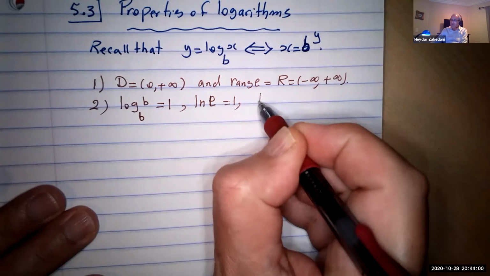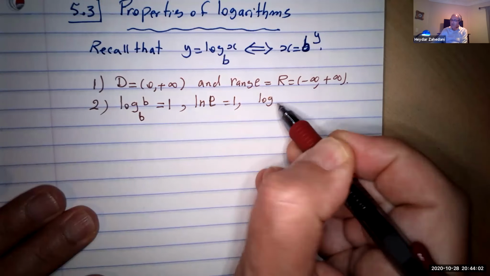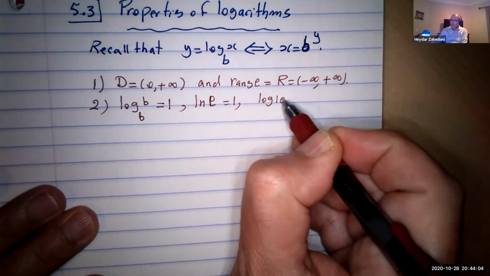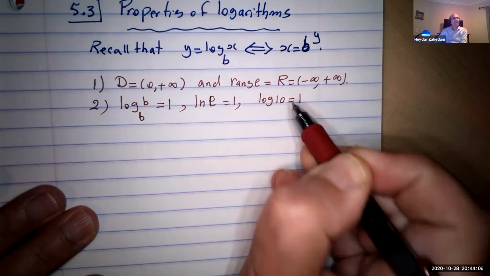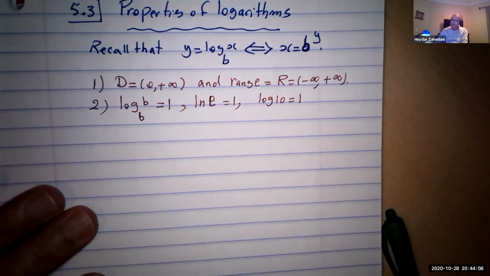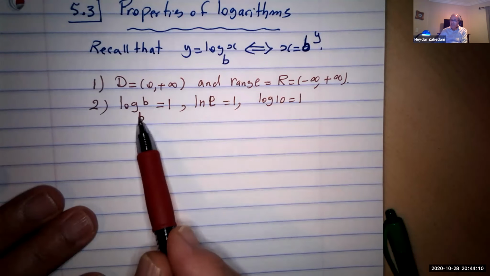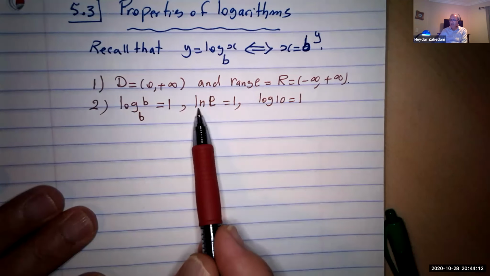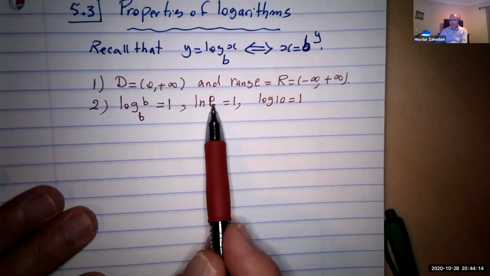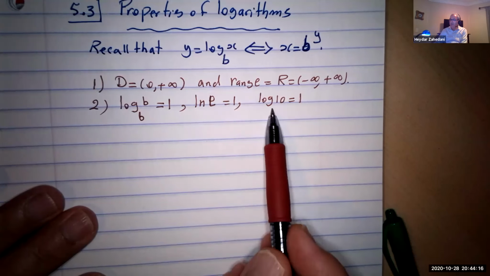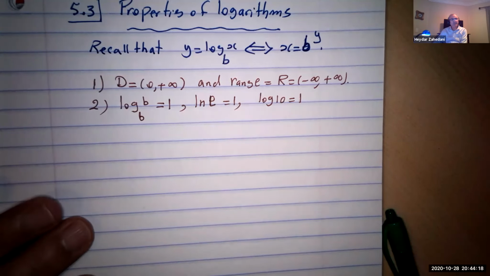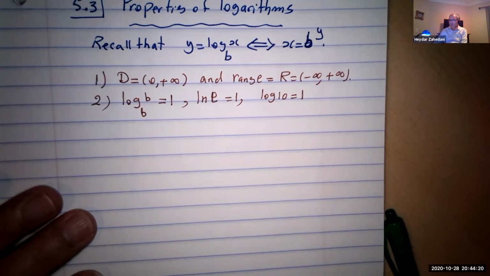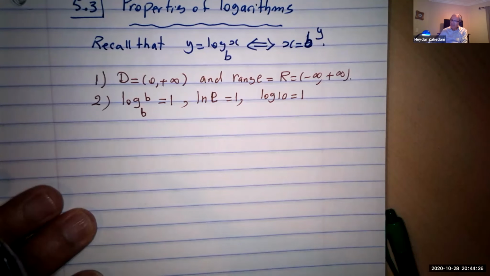And with the common log, log of 10 is equal to 1. So if the number matches the base, the result is 1. In the case of ln, the base is e, so e would give 1, and for the common log, 10 would give 1. If you have any doubt about it, you can use your calculator to check it. So this is going to be one case.